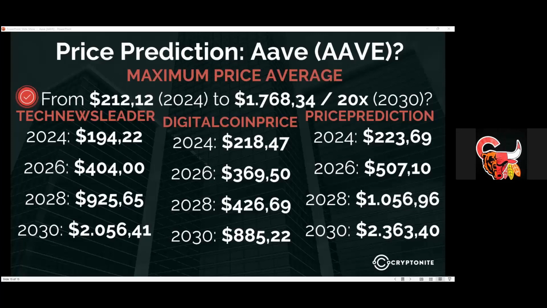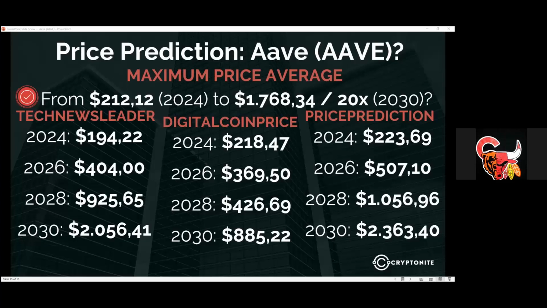Mind you that the all-time high was 600 something. So it's already reached over 600 before. Now, there's never any guarantee that it'll return to its all-time high. But in the case of Aave, I think there's a high chance it could happen.